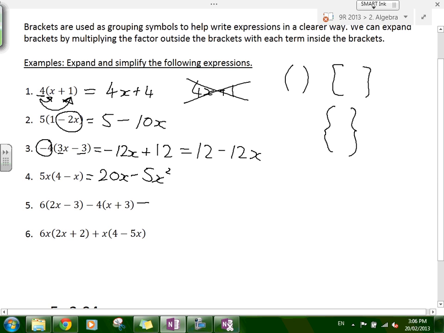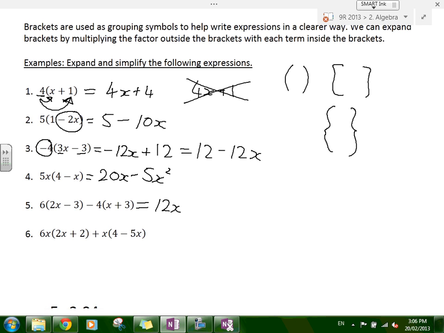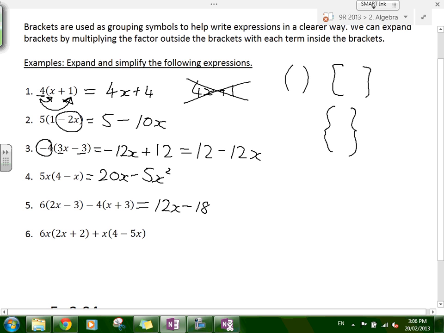Now this one we need to take a couple of steps. We need to expand both sets of brackets, and then we can simplify. So Dan, can you expand the first set of brackets? Yeah, 12x. Six times 2x is 12x. 6 times minus 3 is minus 18. Okay? Now, you can expand the second set of brackets.